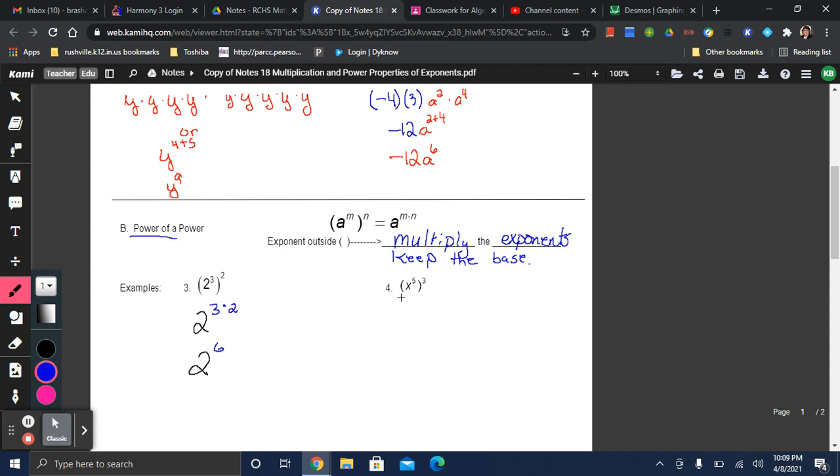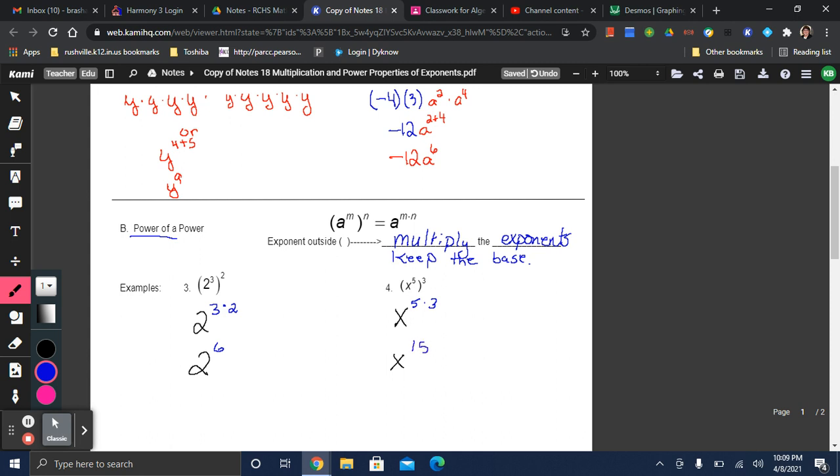Okay, problem number 4. Your base is x, and then your exponents are the 5 and the 3. So they will multiply together. And our final answer for this one again will be x, and then your exponent would be 15.